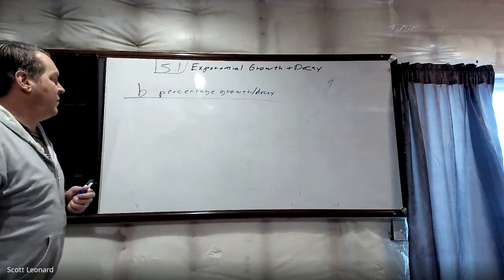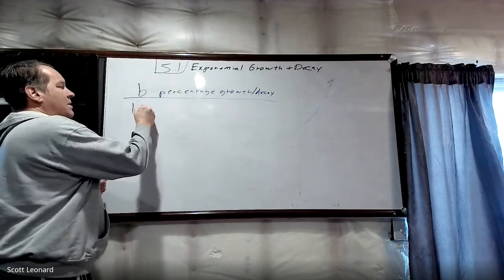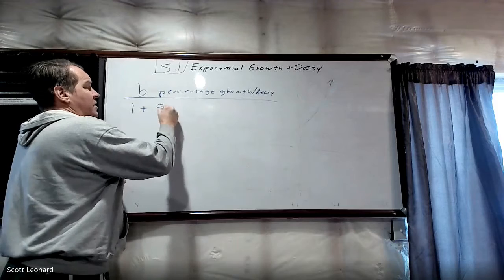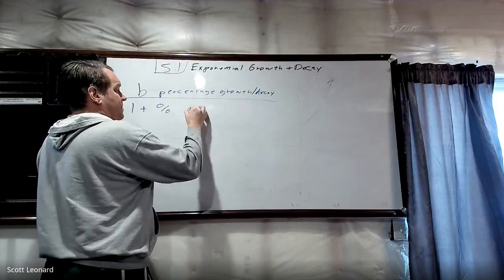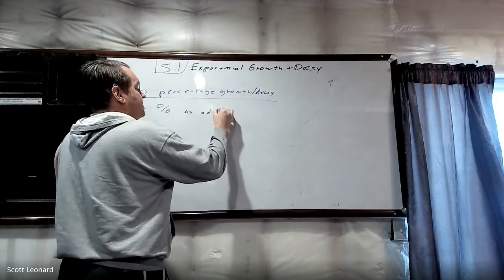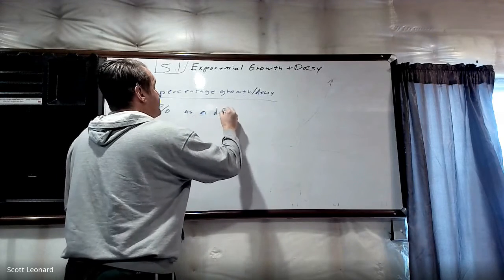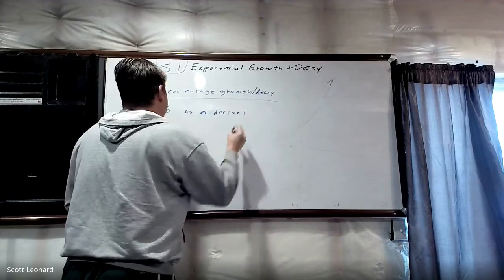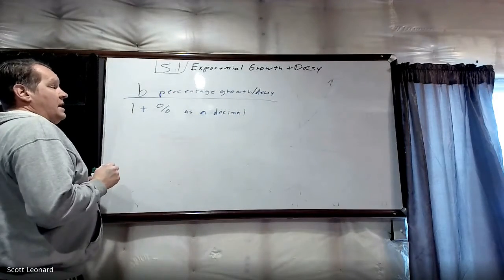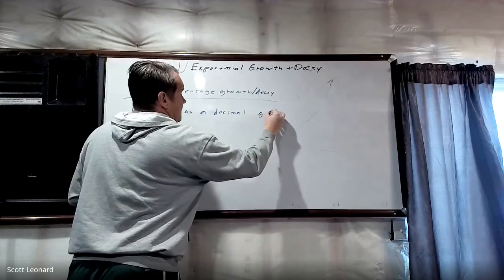If we have a growth problem, we're going to take 1 plus the percentage written as a decimal. This is for growth.